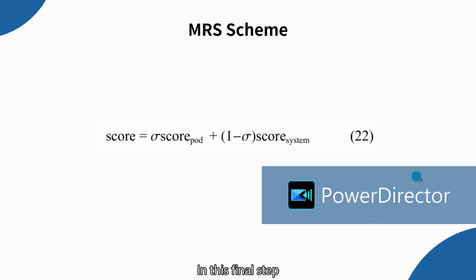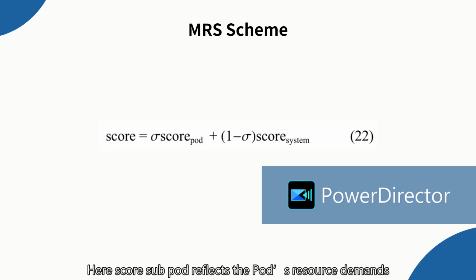system. In this final step, the MRS scheme combines the scores from pod, resource requirements, and system performance to calculate a comprehensive score for each node as shown in Formula 22. The score is calculated as score equals sigma times score subpod plus 1 minus sigma times score subsystem.